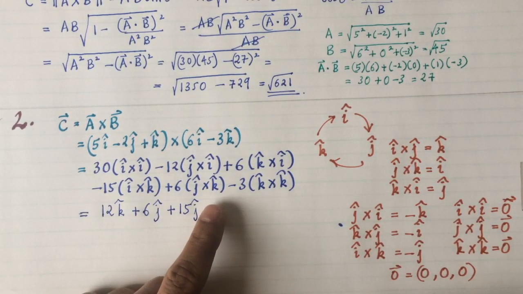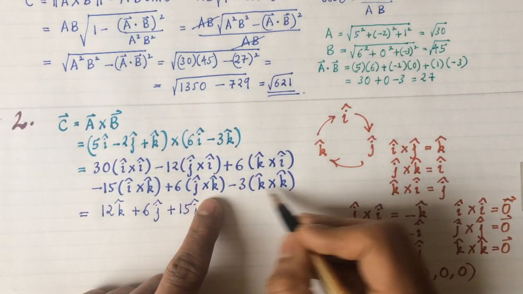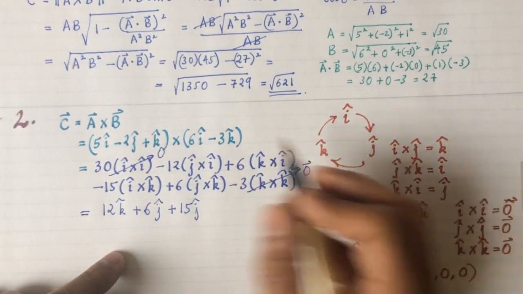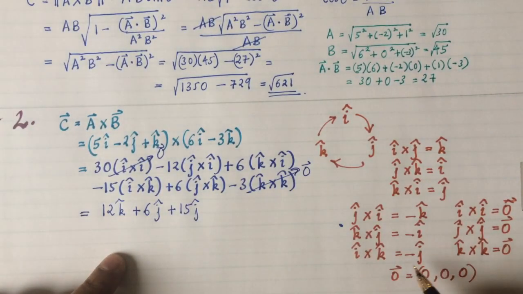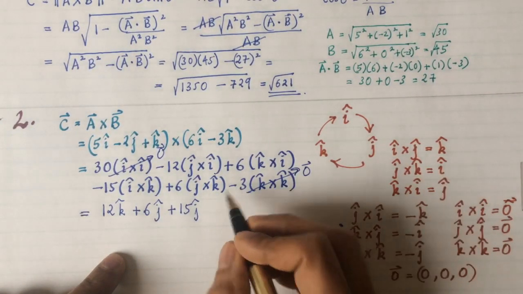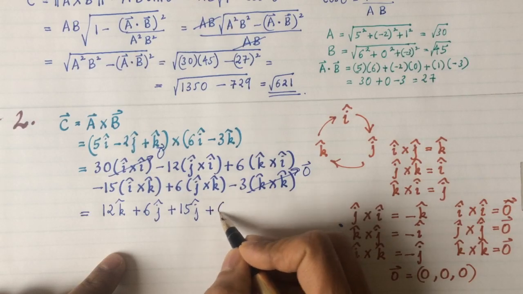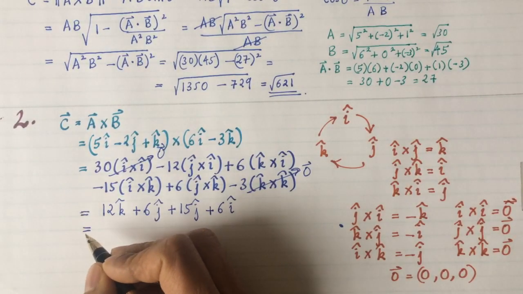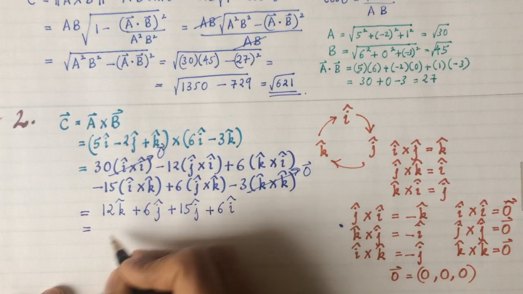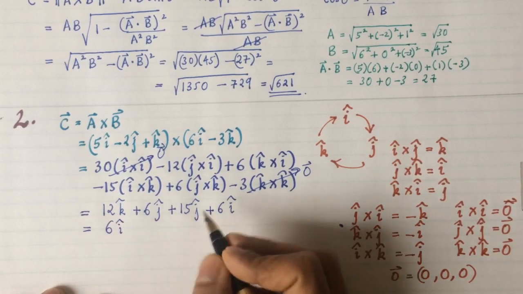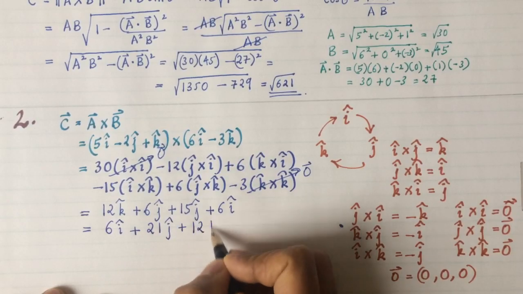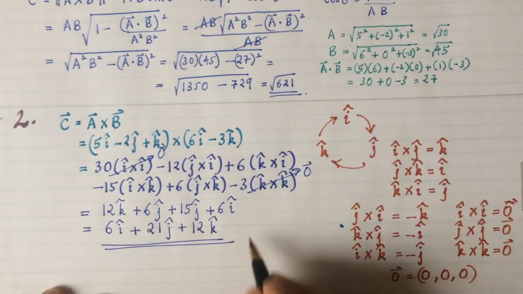And lastly, this is 0 because it's k cross k, so I won't write that. I'll just put 0 through those things. j cross k is i hat. So I'm going to just get the following answer: it is 6i hat plus 21j hat plus 12k hat. So that's the complete answer.